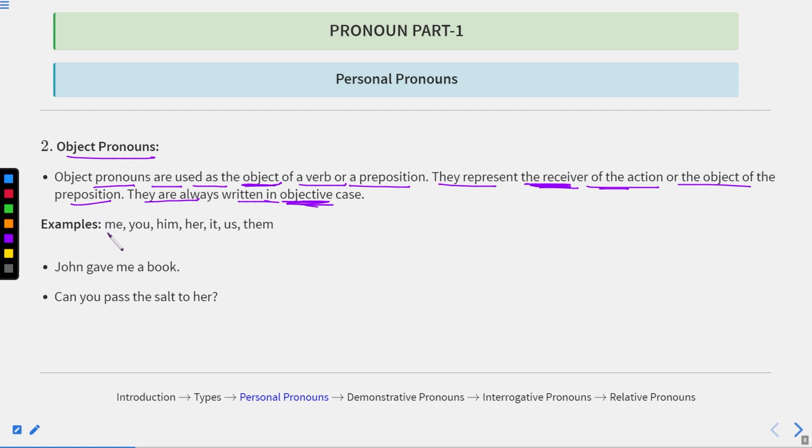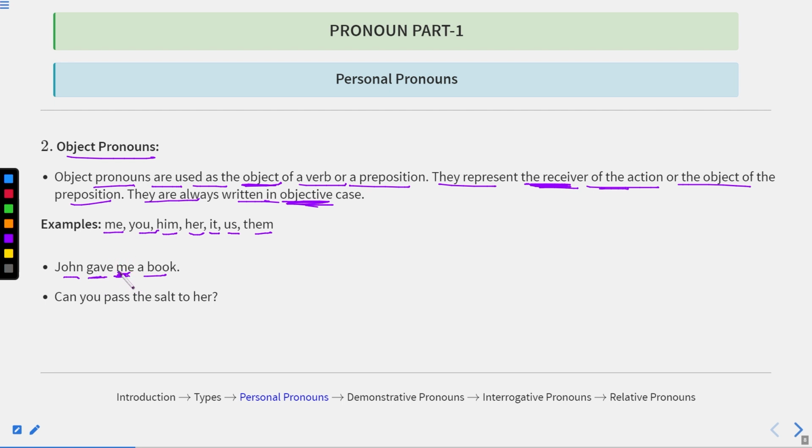For example, me, you, him, her, it, us, them. These are the objective case, or you can say the pronouns in the object place. For example, John gave me a book. So here, John gave me. This me is an object.